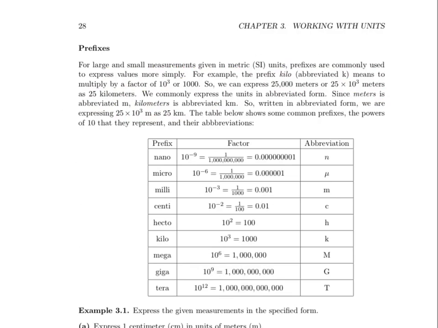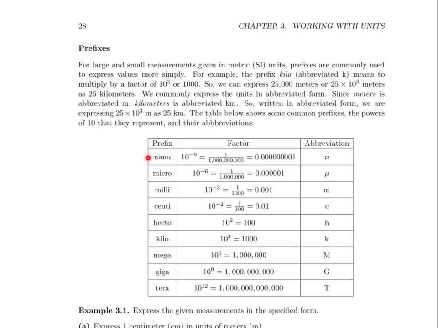For example, let's take the prefix nano. The prefix nano means to multiply by a factor of 10 to the negative 9. You'll recall from Chapter 1 that taking 10 and raising it to a power of negative 9 means that you're really taking 1 over 10 to the 9th power. 10 to the 9th power is a billion, so this is 1 over a billion, which is the same as a billionth.